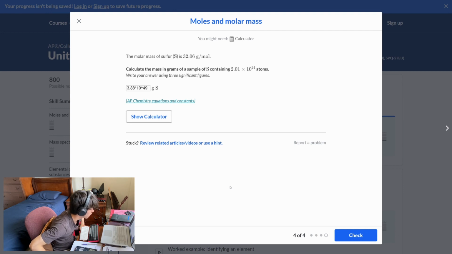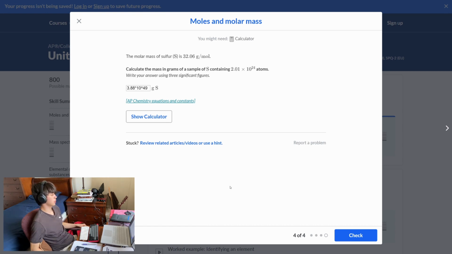Atoms per mole times the number of moles gives me that amount of moles. And I take that amount of moles times 32.06. We have 1.2 times 10 to the 48 moles.